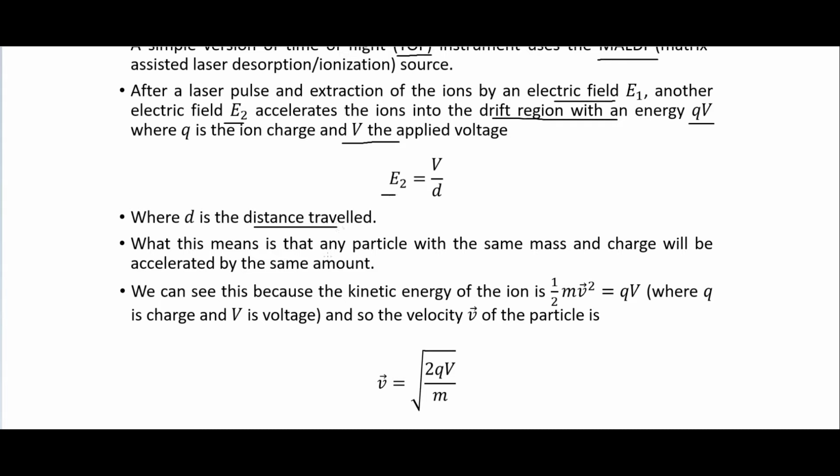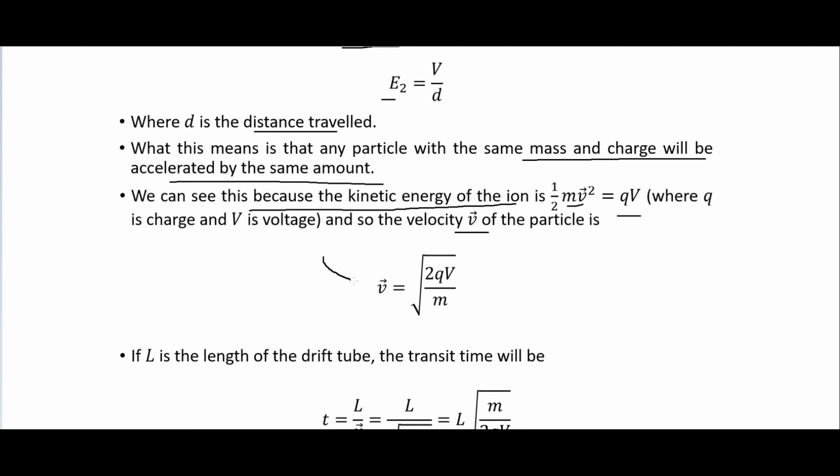What this means is that any particle with the same mass and charge will be accelerated by the same amount, because the kinetic energy of the ions is 1/2 mv squared equals QV, where again Q is our charge, V is our voltage. And so the velocity of the particle is this right here when we solve for the velocity. We see we have the charge and the mass here, so you can probably see where that's going.